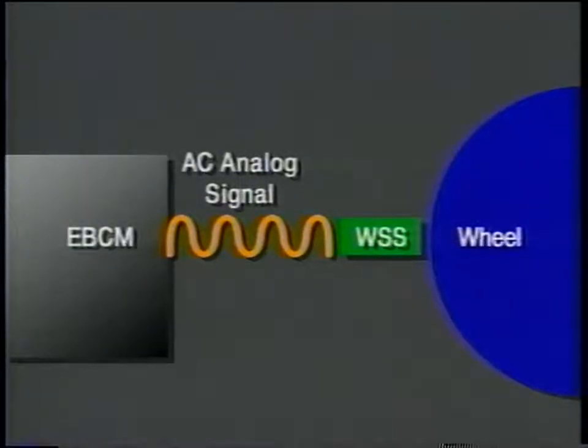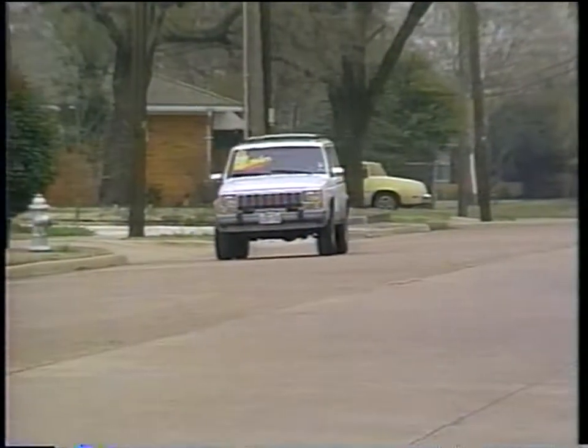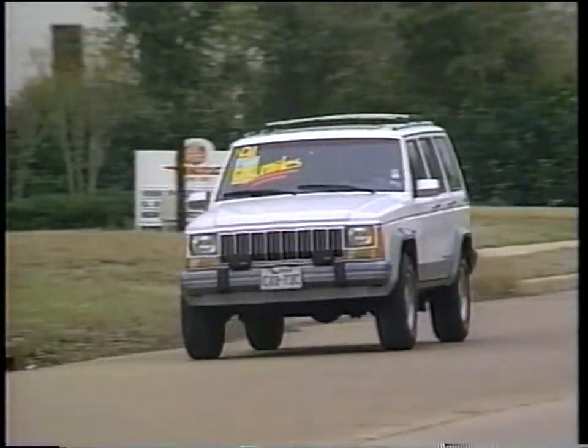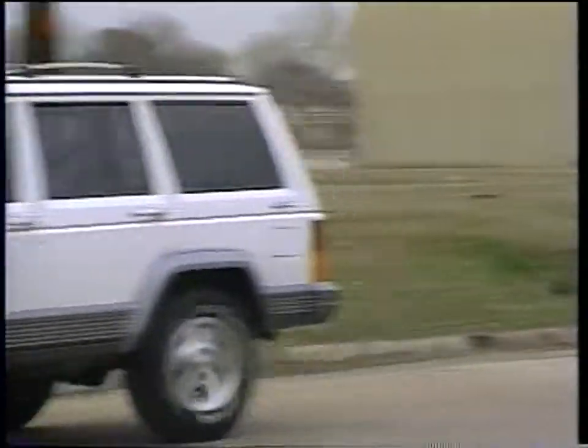Like other ABS wheel speed sensors, magnetic induction produces an alternating voltage signal whose frequency varies in direct proportion to the vehicle's speed. This signal is converted into a DC voltage signal before it's processed by the electronic controller. It's important to remember that mismatched tires or tires that are a different size than the original will affect wheel speed sensor readings and may upset the operation of the anti-lock brake system.